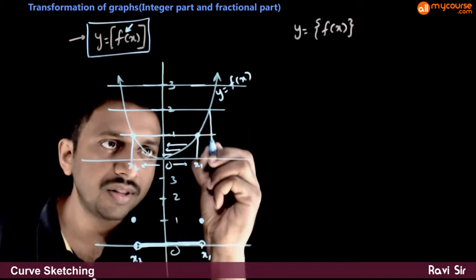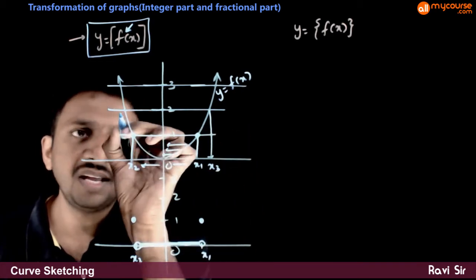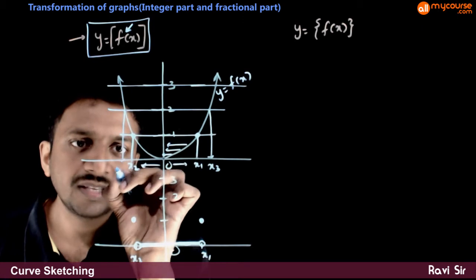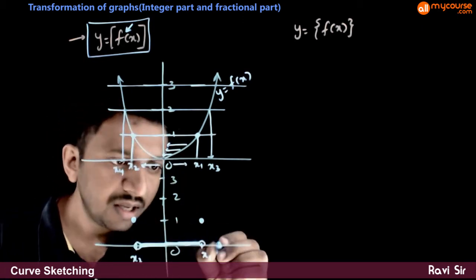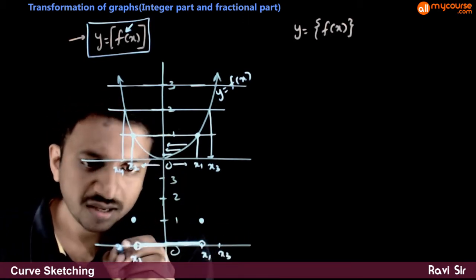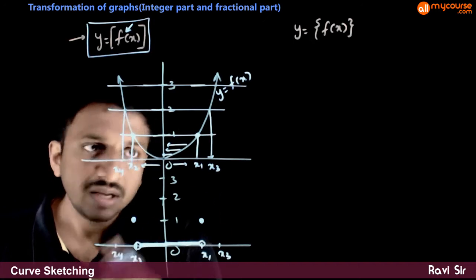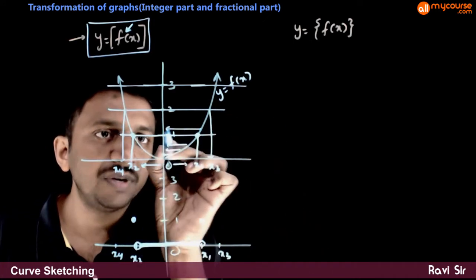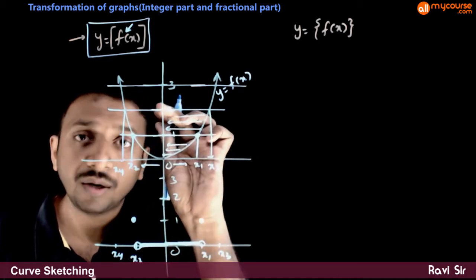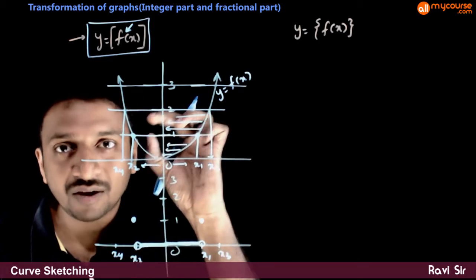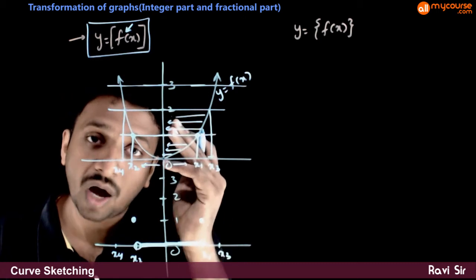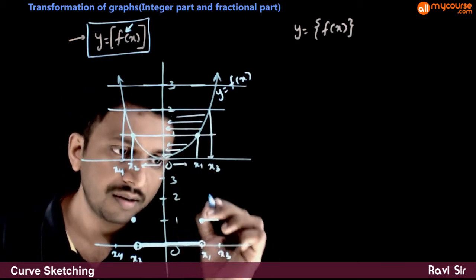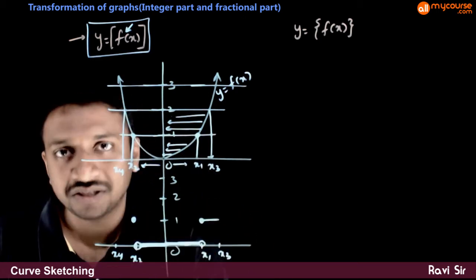Now let us go to the next value. Let this be x3, let this be x4. So between x1 and x3, the value of f of x lies between 1 and 2. So what will be the value of integer part of f of x? It will always be equal to 1. So you have a constant function here.